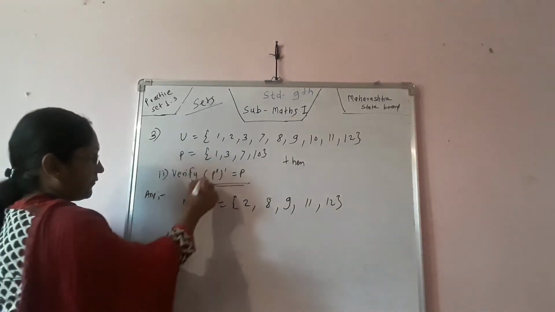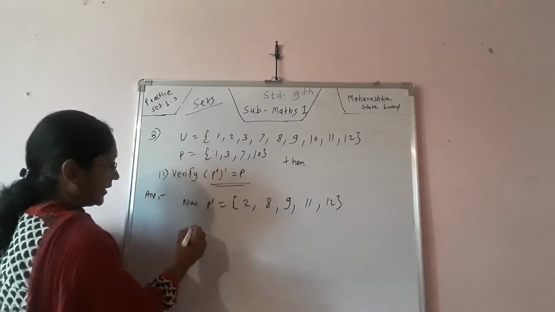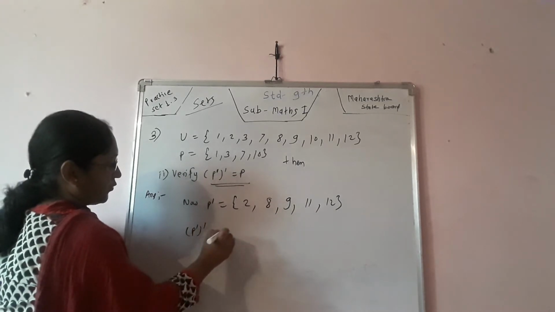Okay, now we will find P dash of P dash, that is complement of complement.